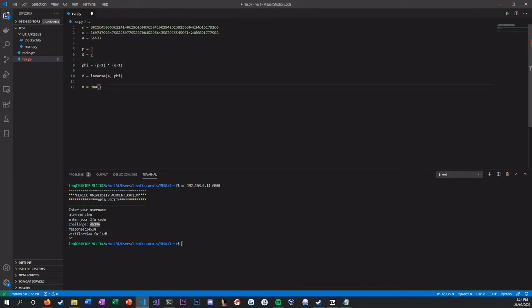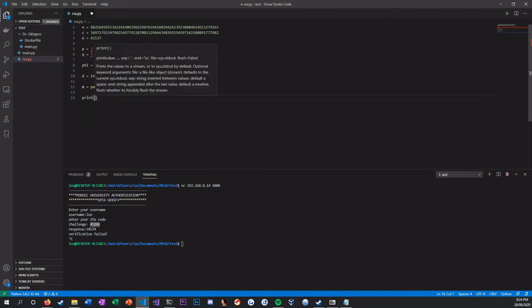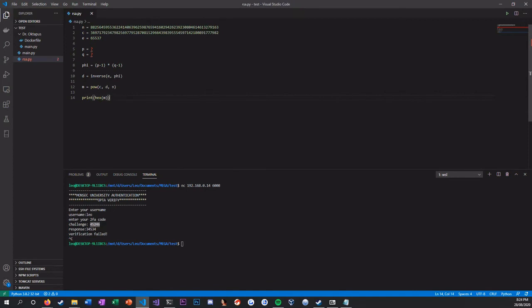M is equal to pow of C to the power of D mod N. And then if you print that number, just as a word of advice, when you do this challenge, try printing the number in hex, because once you see the number in hex, it might make more sense how you get the flag from it, because obviously the flag is going to be ASCII printable characters.